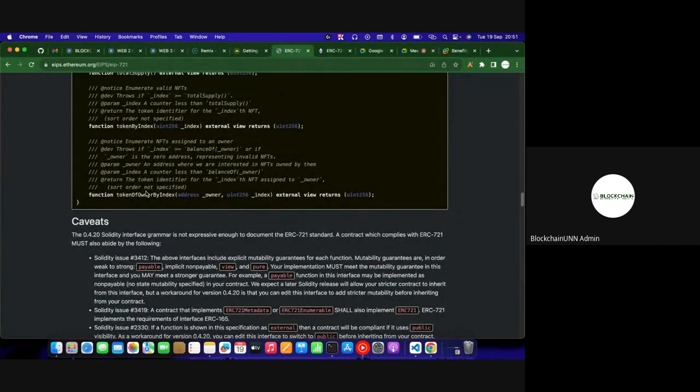And we also have the token of owner by index, which can be used to track the NFTs that are assigned to an owner, and it will return the token identifier for that particular indexed NFT that has been assigned to an owner. And as always, it reverts if the index you are passing in is greater than the total supply.